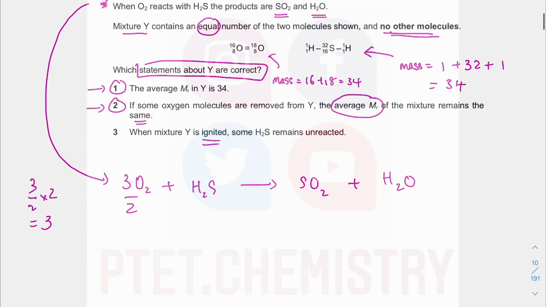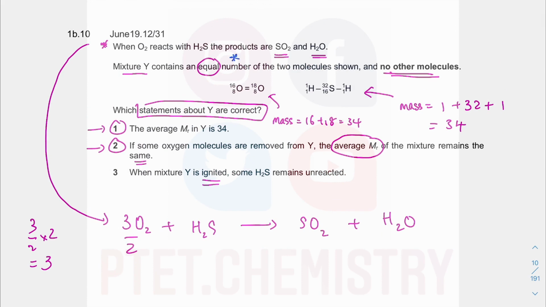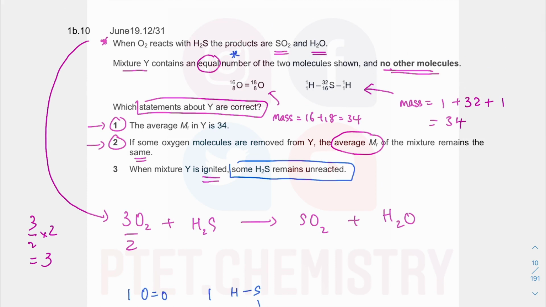So when you put this mixture Y, what is mixture Y? Mixture Y contains equal number of both molecules. So that means if you have 1 mole of oxygen and you have 1 mole of H2S, it says some of the H2S remains unreacted. Well, if you have equal number of each of these, then let's say you have 1 of these, then you have 1 of these because they have equal number according to the question.